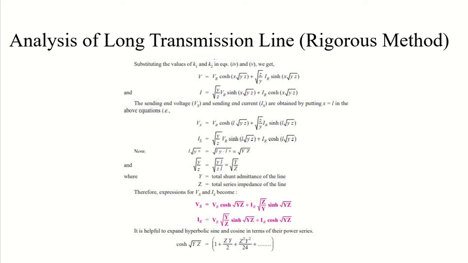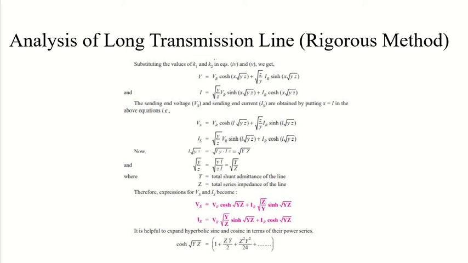Now, as you're already here, let's start discussing the derivation of ABCD parameters based on the rigorous method. Last time when we discussed the rigorous method, we came up with the formulas for sending end voltage and sending end current, Vs and Is.